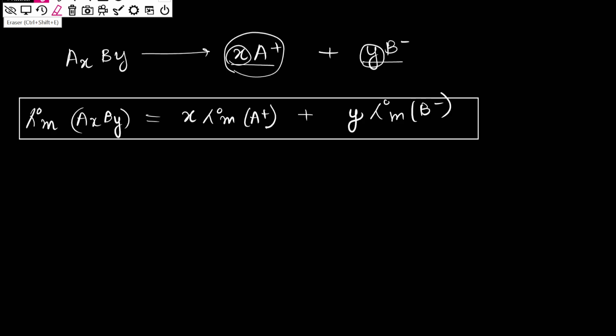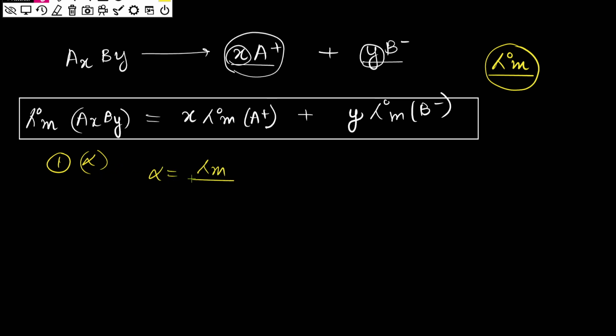Moving forward, now we have to talk about the applications of the Kohlrausch law. What is Kohlrausch law trying to explain? It gives you the idea of limiting molar conductivity, meaning you can calculate limiting molar conductivity with the help of Kohlrausch law. Once you have calculated that, you can also calculate alpha, because alpha was lambda m upon lambda naught m, and this can only be determined by Kohlrausch law.